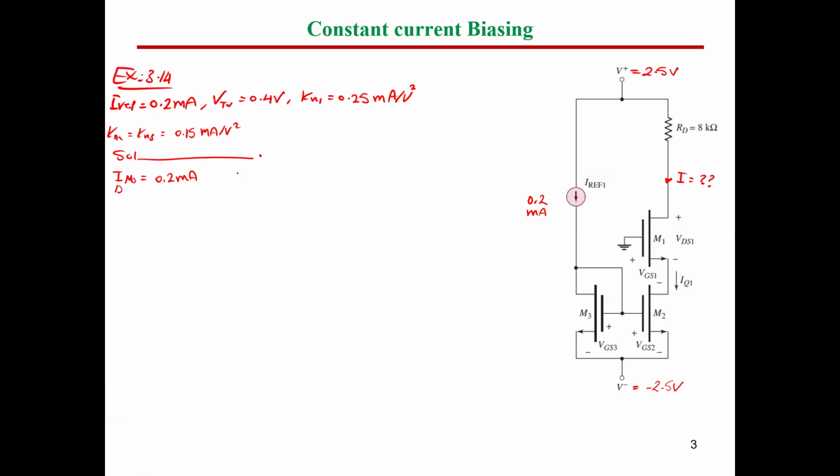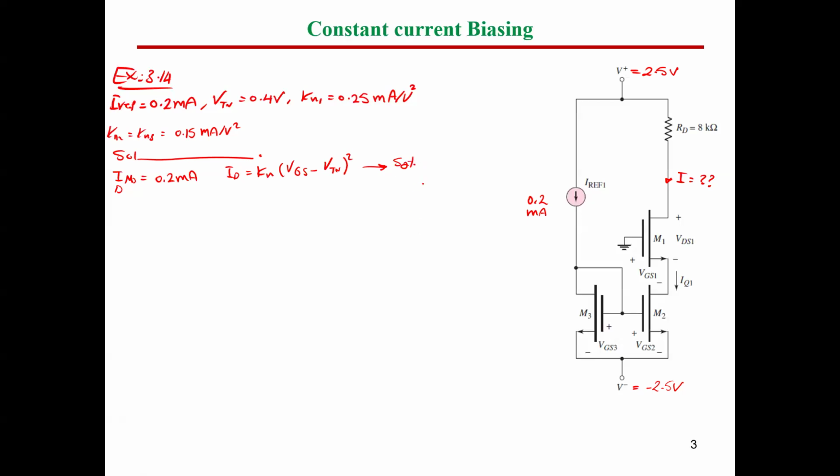And you know that any drain current of a MOSFET equals Kn times (VGS minus V threshold) all square in the saturation region.